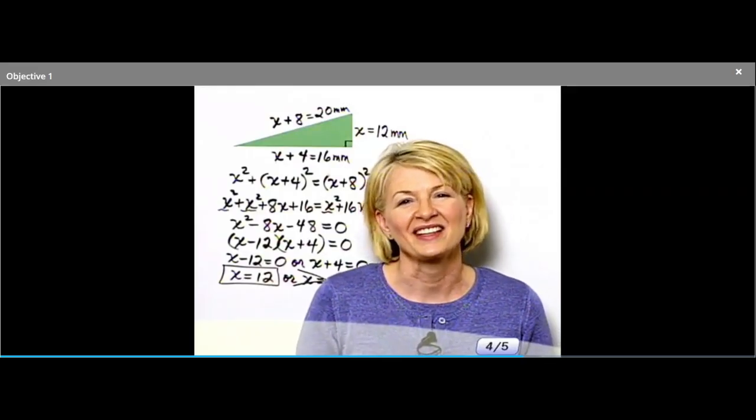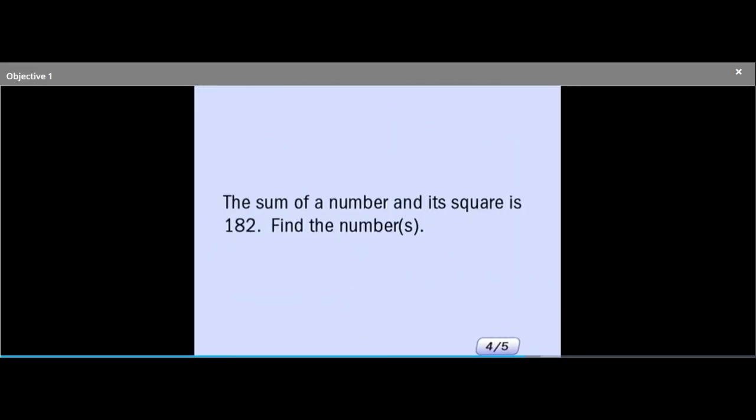Now let's look at the following. The sum of a number and its square is 182. Find the number or numbers. Now let me read this carefully one more time because this will tell us how to translate to an equation.